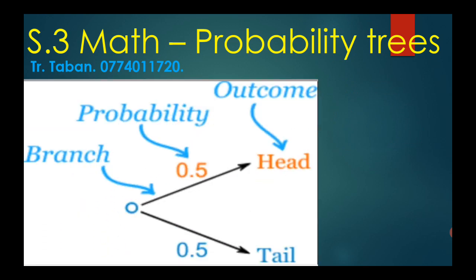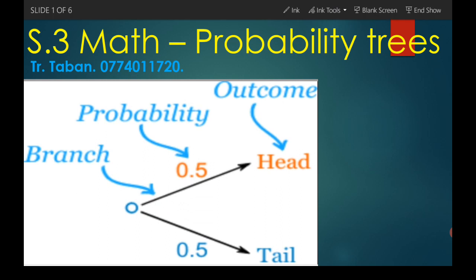In other words, assume that maybe you have a coin. Let me assume that I have a coin where I have this point O, and that coin has two sides, a head and a tail.